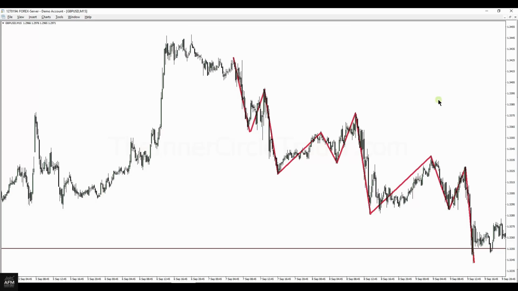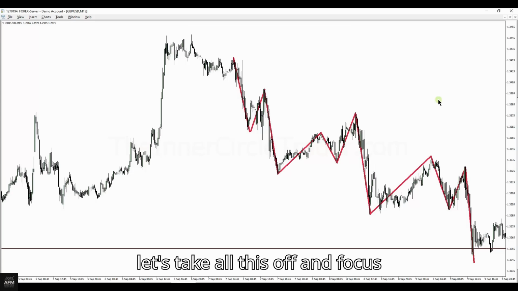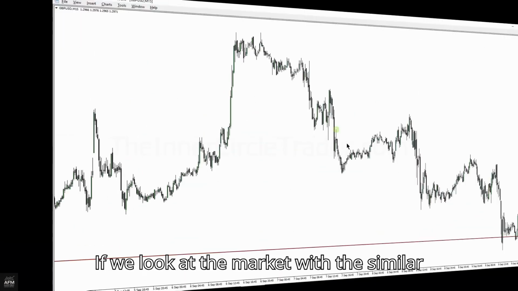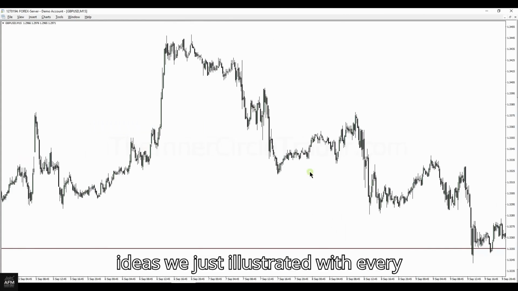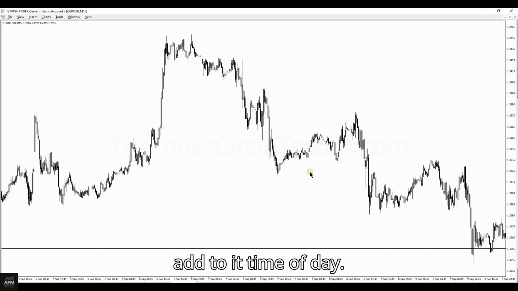So let's take all this off and focus primarily on protraction now. If we look at the market with the similar ideas we just illustrated with every impulsive price swing, and then we add to it time of day.